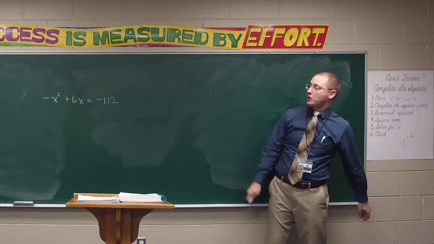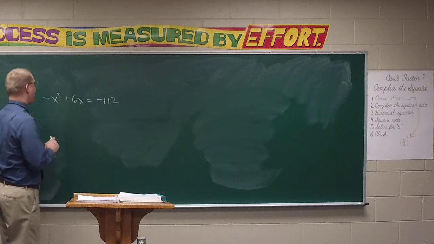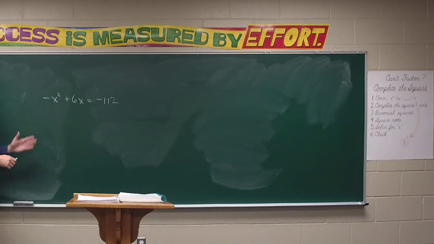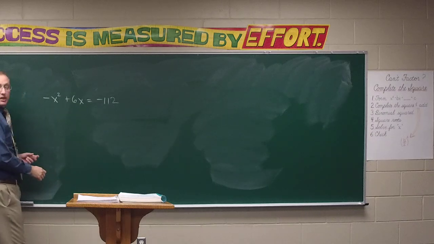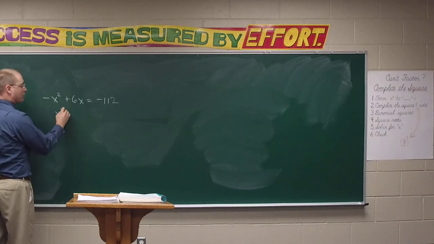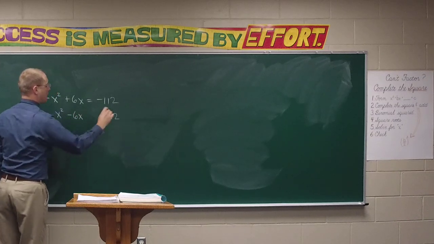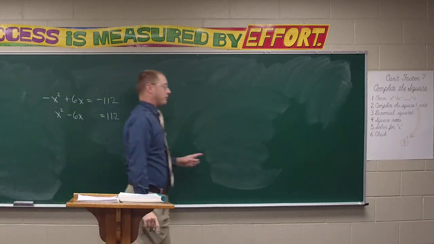There's something with the x squared right now that's no good, class. The negative. But remember I said if you've got a negative on your x squared, one thing you could do is just change all the signs. So this would become what then, Michael? It would become a positive x squared, negative 6x equals positive 112. There we go.